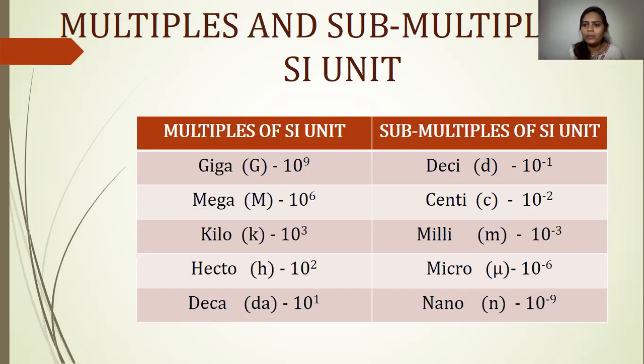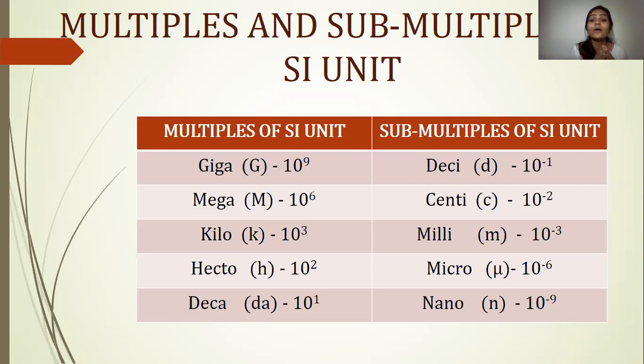Maybe verbally it will be easy for a person to say it is in billions or millions, or that it is a very small object. But if I want to write it down numerically, it becomes tedious and difficult. So in order to reduce this difficulty, the system decided that there should be multiples and sub-multiples of the SI unit.